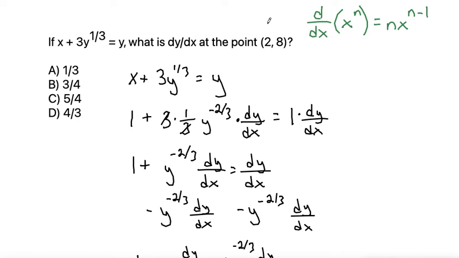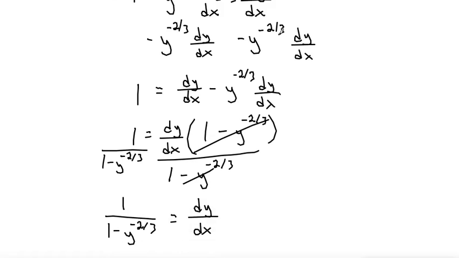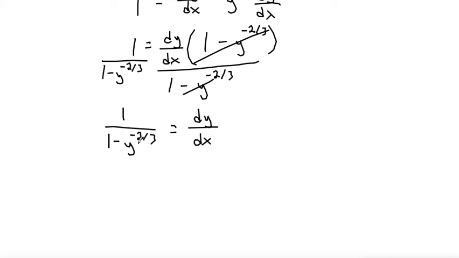So for all our x's, we plug in 2. For all of our y's, we'll plug in 8. We are only left with a y, so we'll plug in 8 here. That makes 1 over (1 minus 8 to the power of negative 2/3) is equal to dy/dx. Okay, so now we need to simplify.